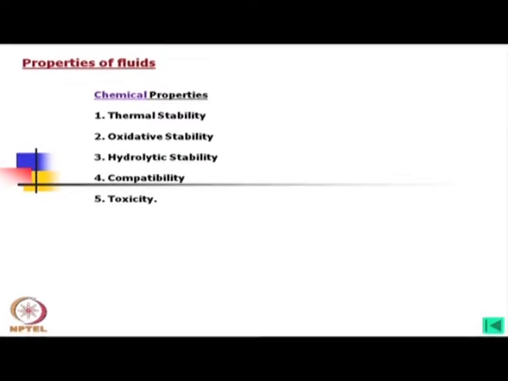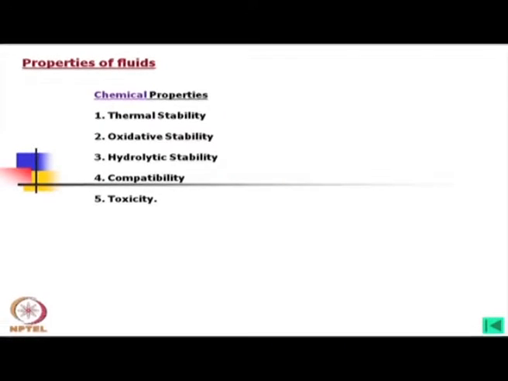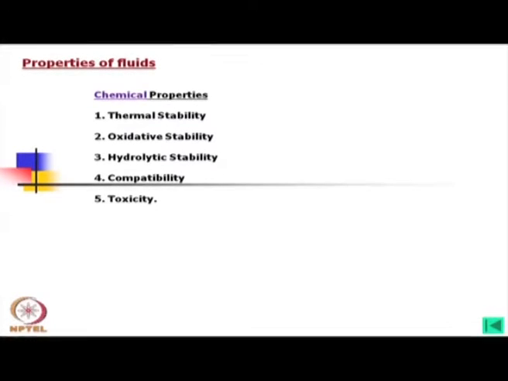With the increase in temperature, the composition of the fluid should not change. That means the chemical properties we have should not change. Then oxidative stability; the oxidization of the fluid is a problem.